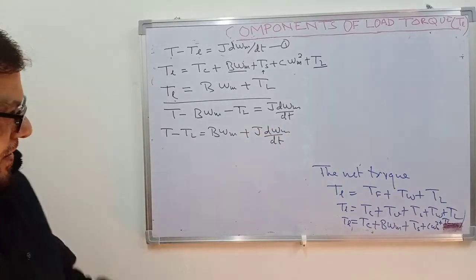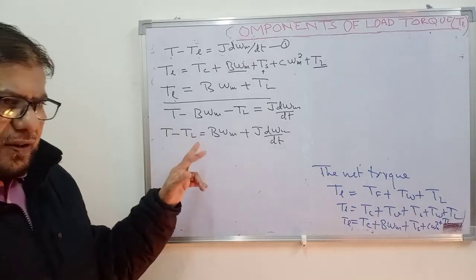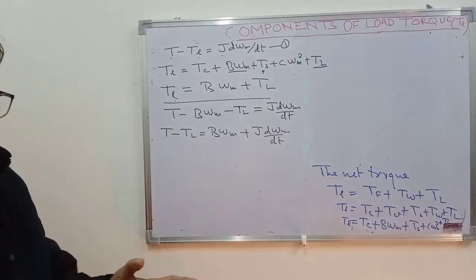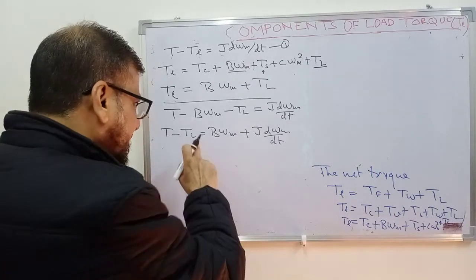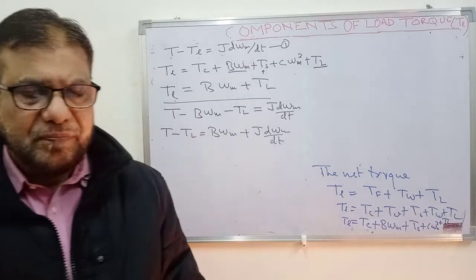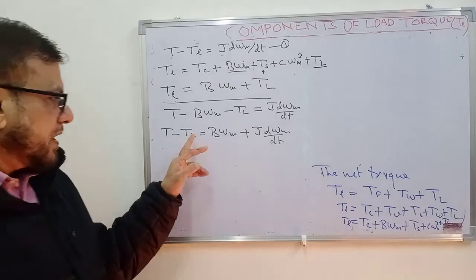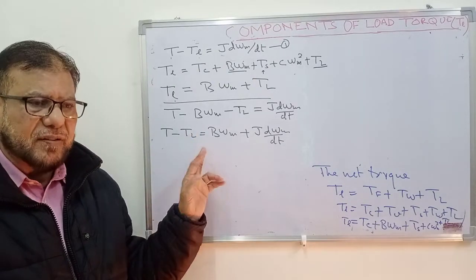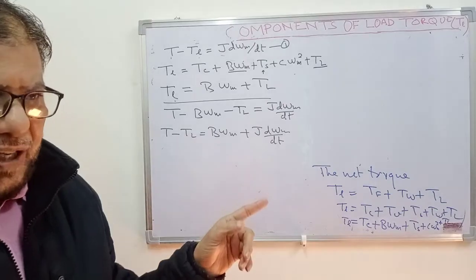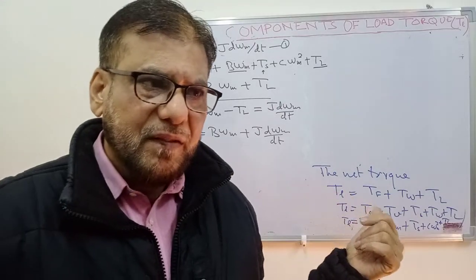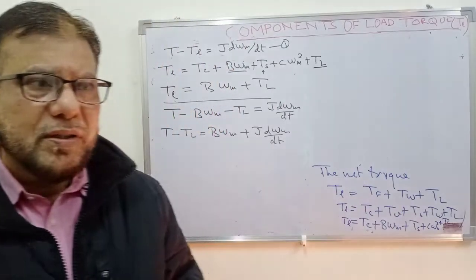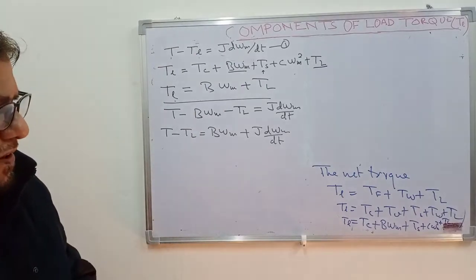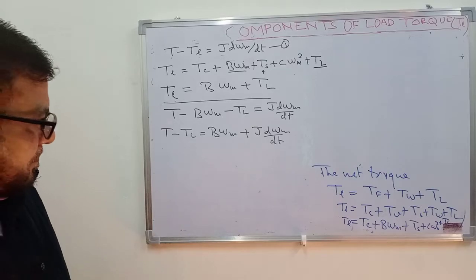As I said earlier, the load torque is the torque required to do the useful work. The nature of this TL depends on the application. In some cases, the load torque is a constant load torque. For example, the case of a lift, as we discussed earlier, where the torque depended only on the force due to gravity, acceleration due to gravity, and the radius of the pulley.